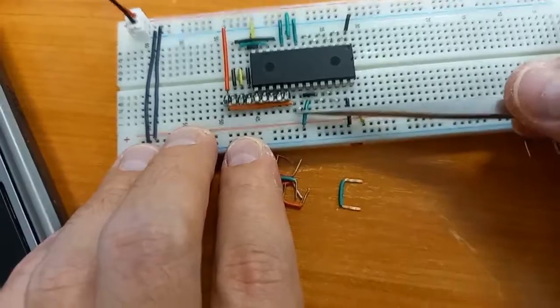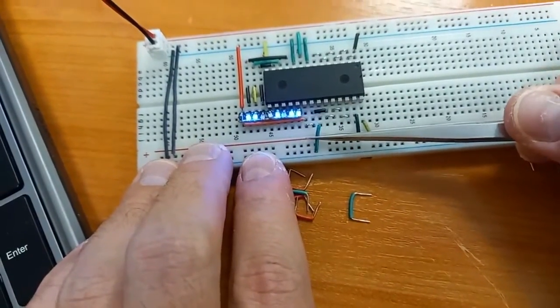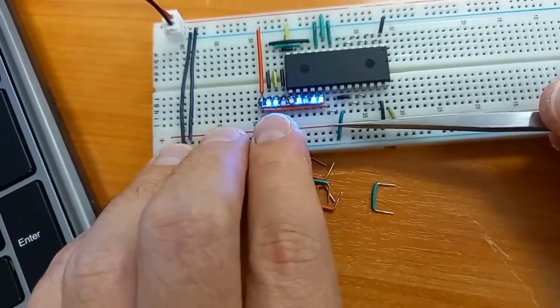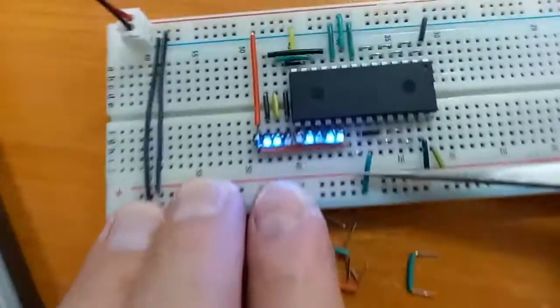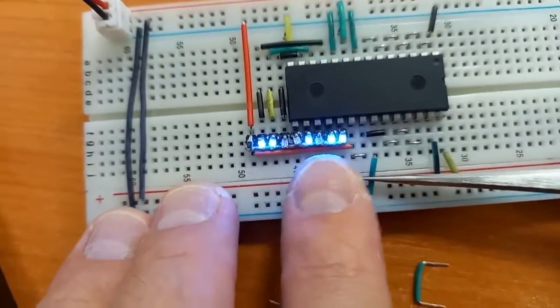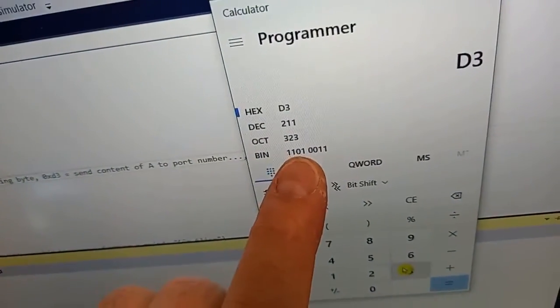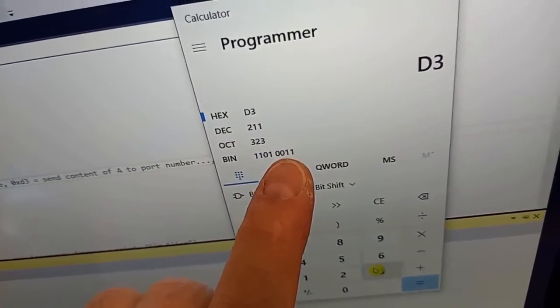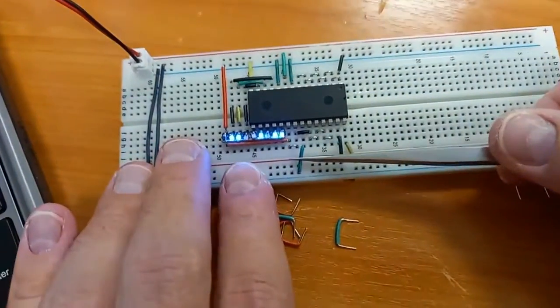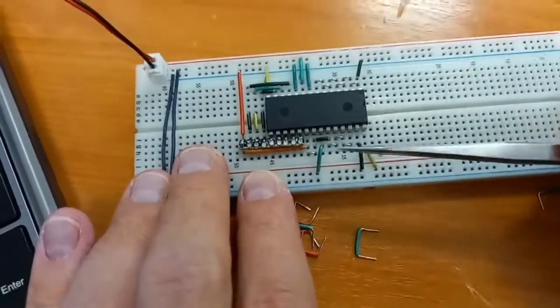We will enable the output: 1 1 0 1 0 0 1 1. That's the correct number. Number 2 has been programmed.